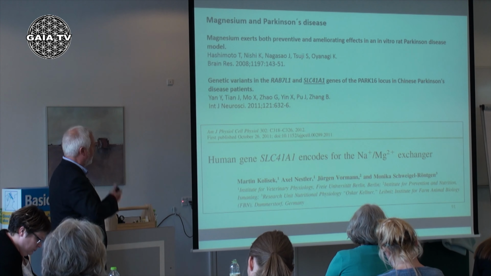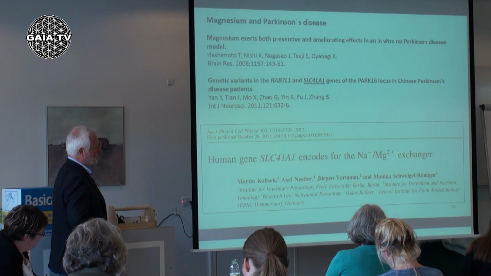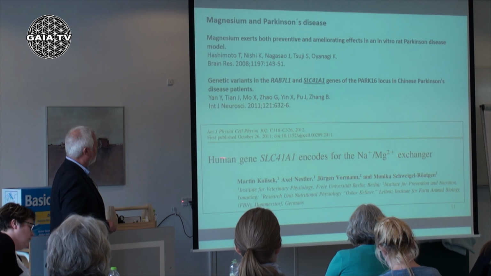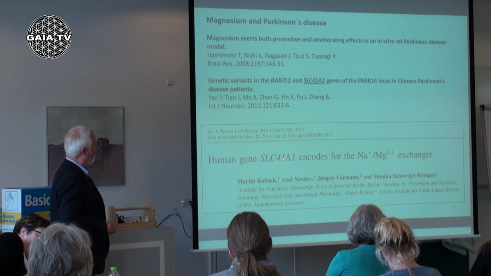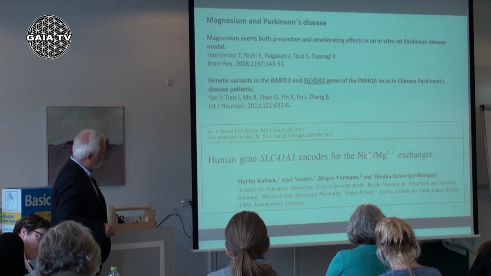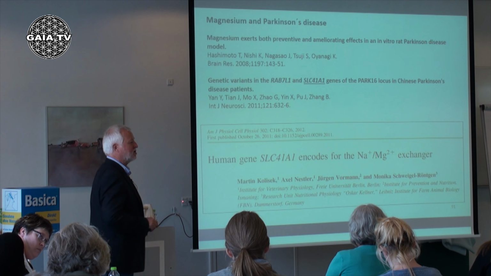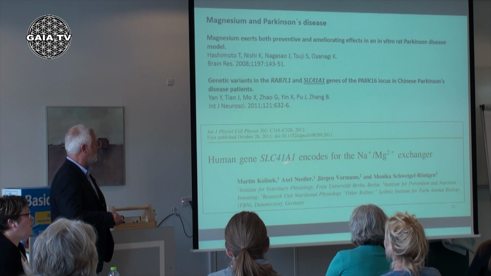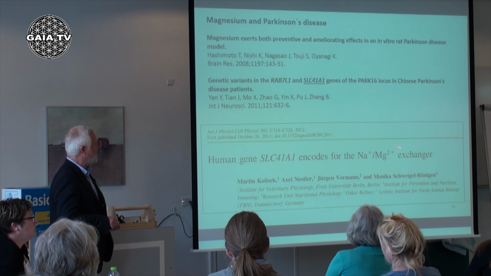And what we could show some years ago, and it took us nearly 20 years to find this out, is that this gene, SLC41A1, encodes for a sodium-magnesium exchanger. That means if you have a changed activity of this gene, then you have a changed ability to modulate the intracellular magnesium status.